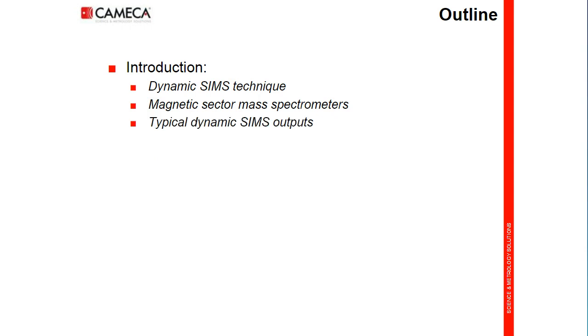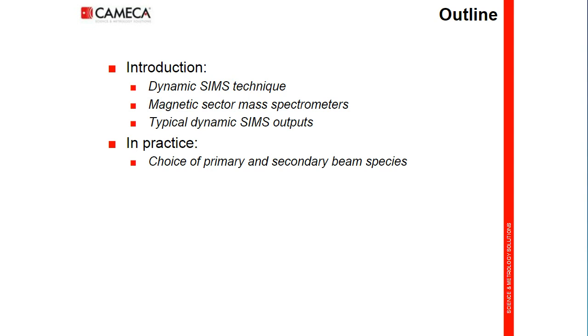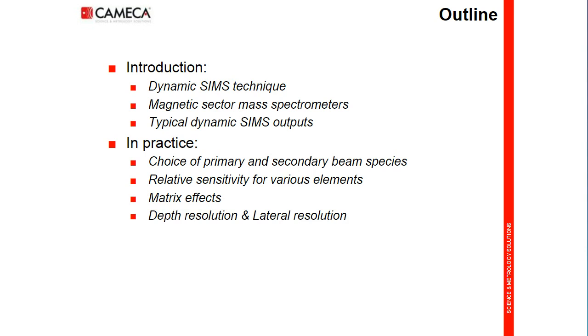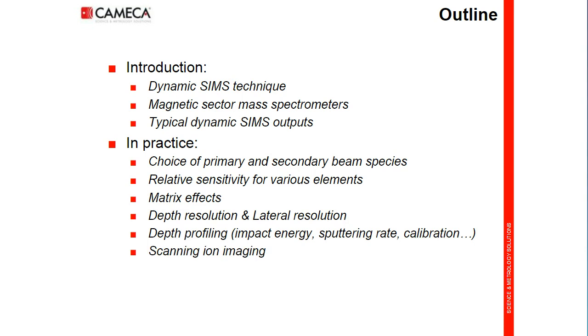Different practical aspects of the dynamic SIMS technique will then be discussed: choice of primary and secondary beam species, relative sensitivity for various elements, matrix effects, depth resolution and lateral resolution, depth profiling, in particular the choice of impact energy and sputtering rate, as well as the calibration method, and also the scanning ion imaging mode. I will then conclude with a summary of dynamic SIMS' main analytical characteristics.